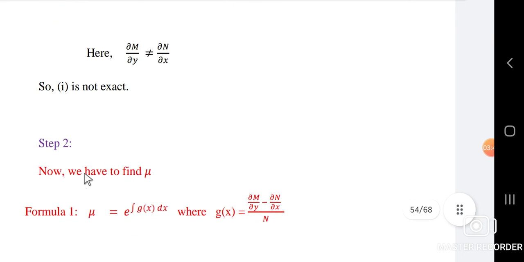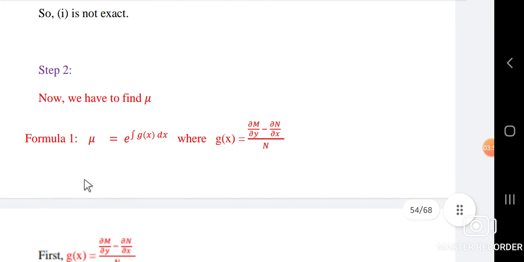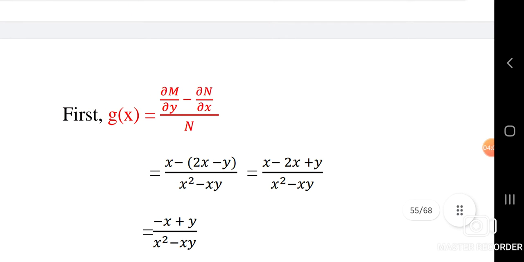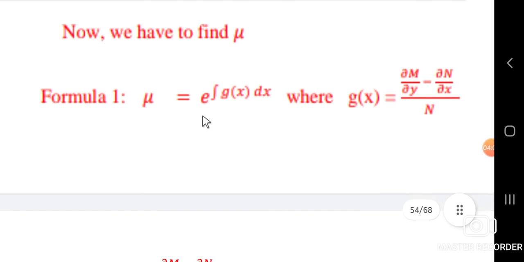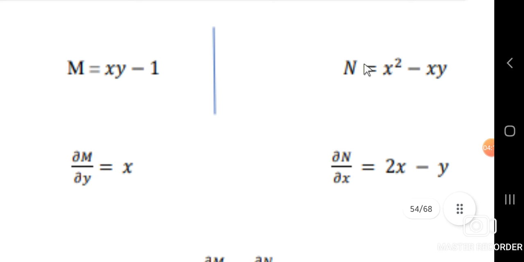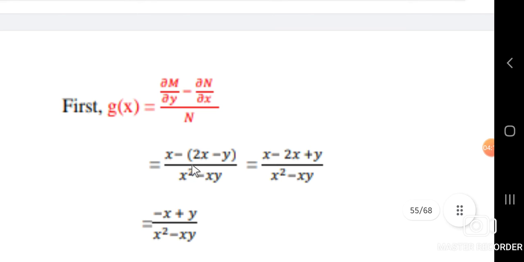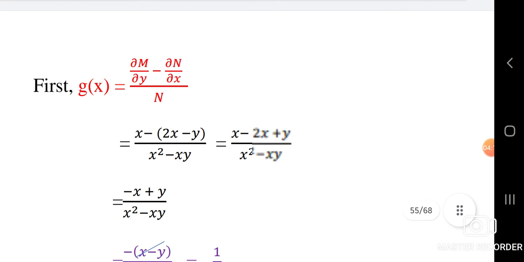For that, in our step 2 we have to find the integrating factor mu. We have formula 1, mu is equal to e power integration of g of x dx, where g of x is this one. First we find g of x. g of x is equal to dou M by dou y minus dou N by dou x, divided by N. We have these values in our previous steps. Substituting all here, we have x minus (2x minus y) by x square minus xy.